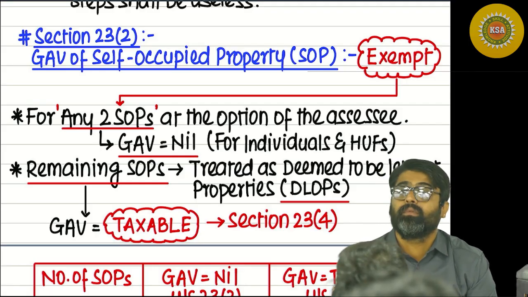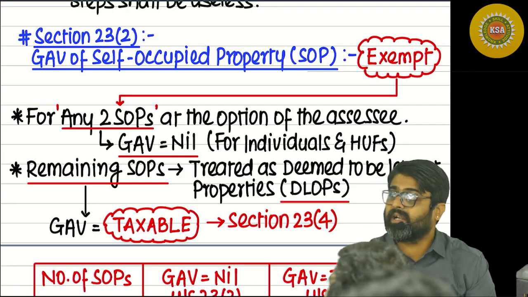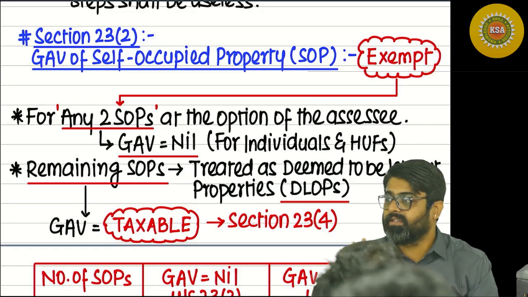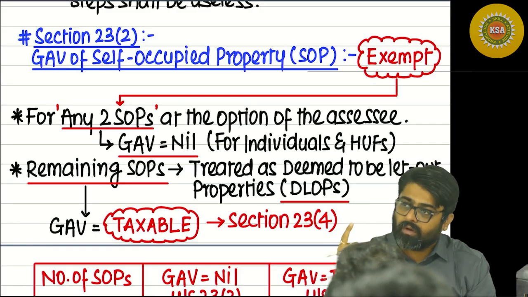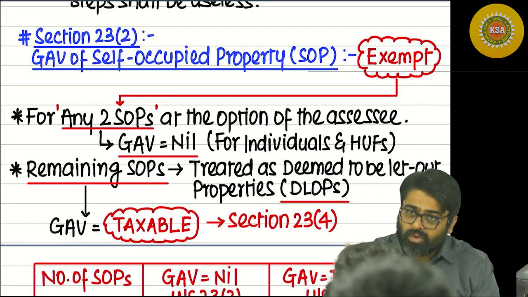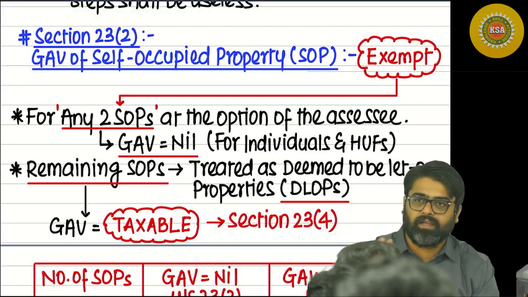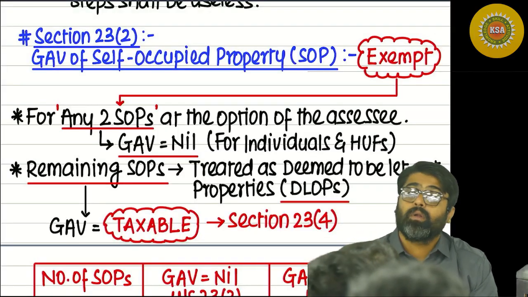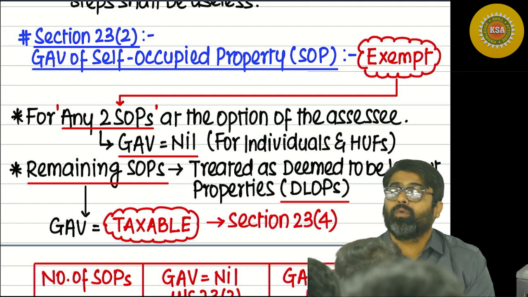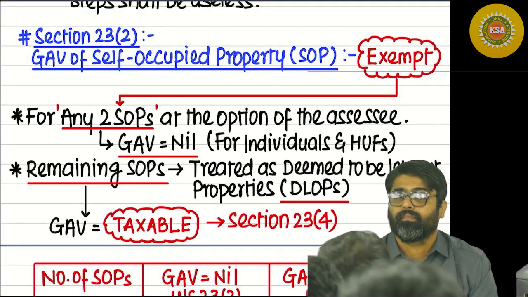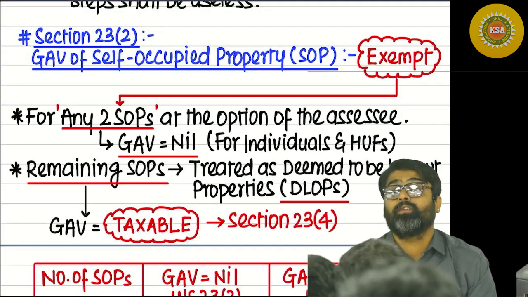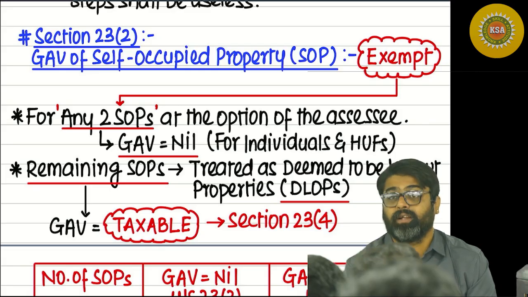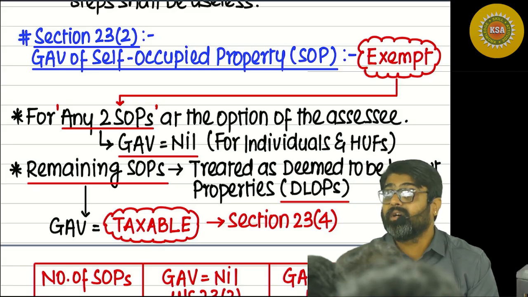Directly start the solution from GAV. GAV will be taken as nil for 1 SOP, and for the second SOP also the GAV has to be taken as nil. But which 2 SOPs will you exempt? Definitely the SOPs whose rent earning capacity, whose annual value, was higher.